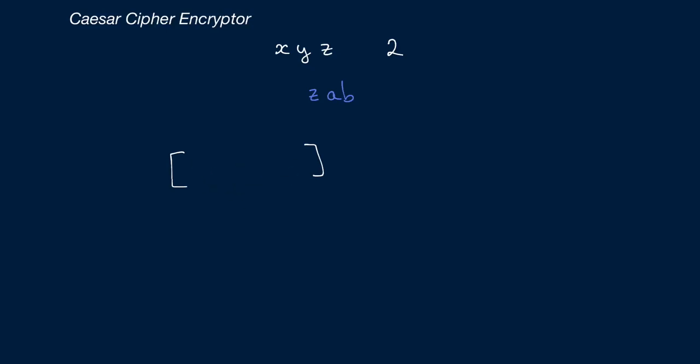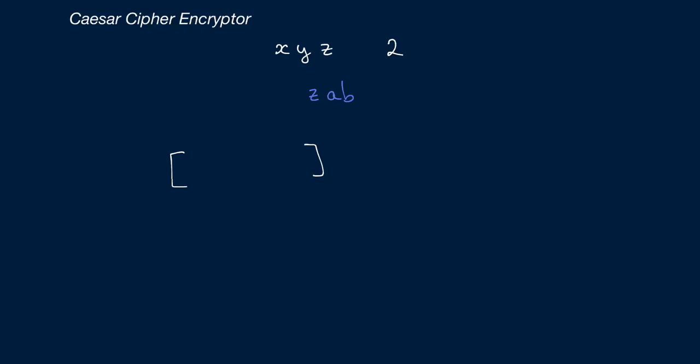And once you're done building this array, you join it together into a string and you return that string. But so what do we do in that function or in that formula to shift one letter into a new letter? That's where the crux of this algorithm comes into play.